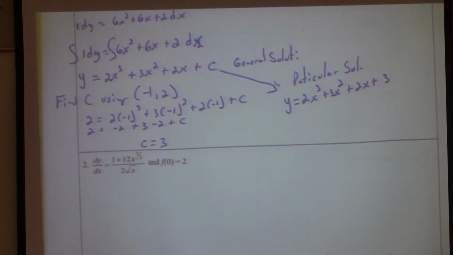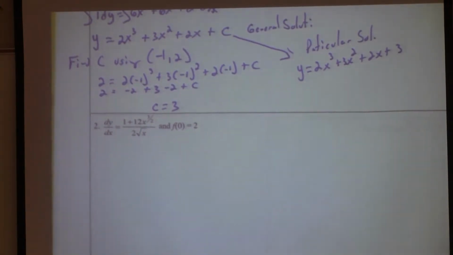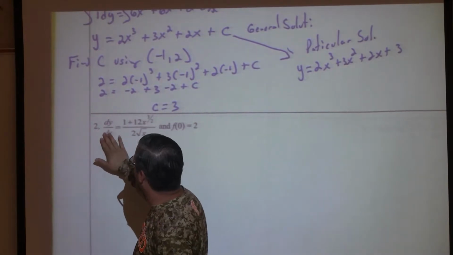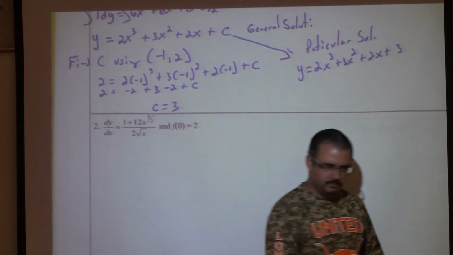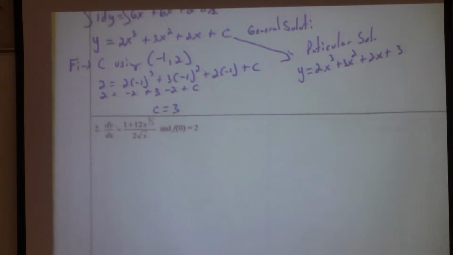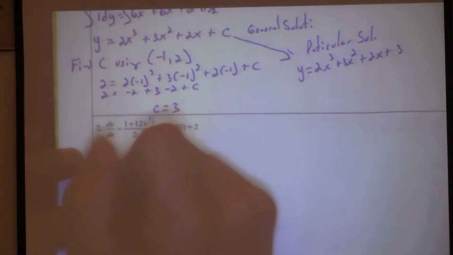Try number 2. Is that one ready to go? All the stuff with x's is on this side, so I need to move that dx over there, right? Now it looks really ugly, so I don't know. You tell me what you want to do.